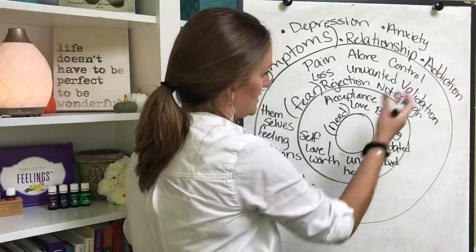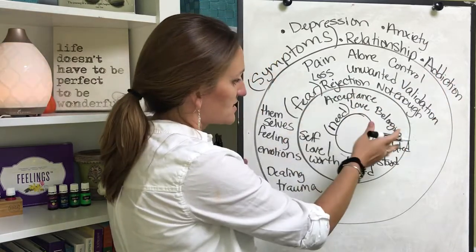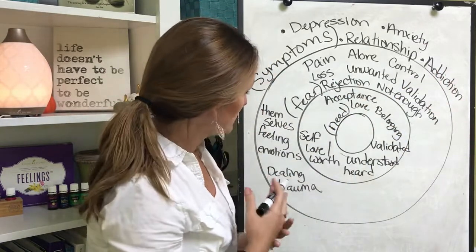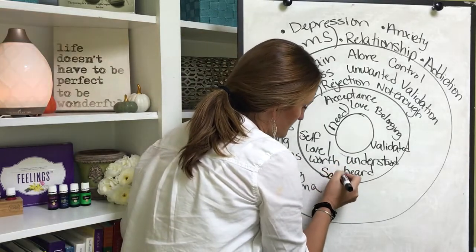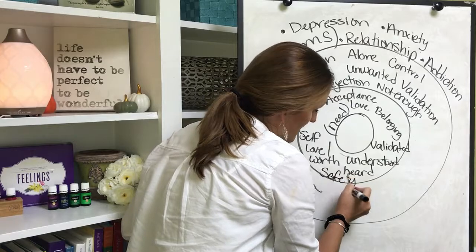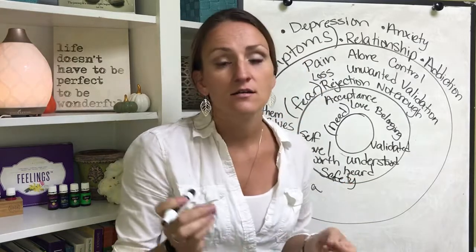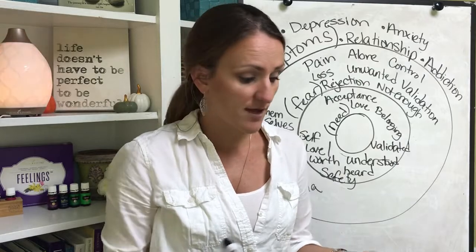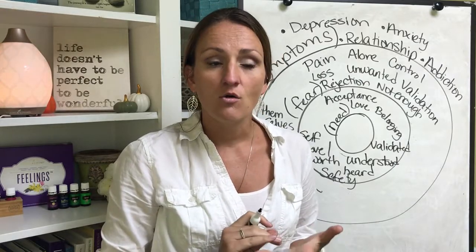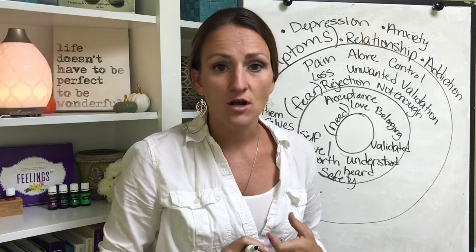With addiction, again, any of these needs might also belong to addiction. You might have the need for safety. Many addicts grow up in homes where trauma was present, whether that was emotional trauma or sexual trauma or physical trauma.